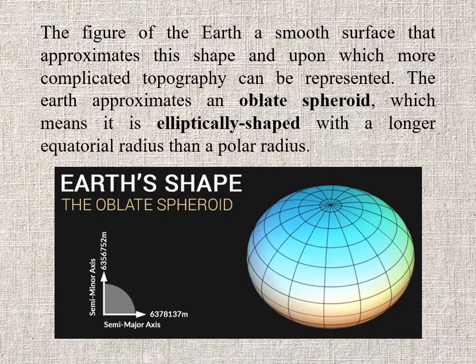If we look very closely at the shape of the earth, we find that it is like an orange, with its middle part somewhat flared, more bulgy, and its two upper and lower sides somewhat depressed, somewhat flattened. So earth is not a perfectly spherical body.